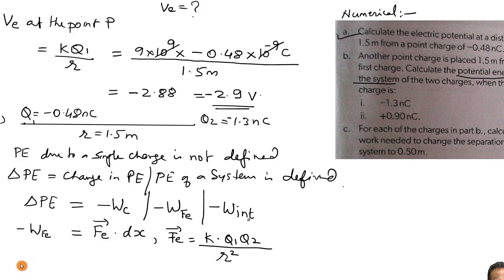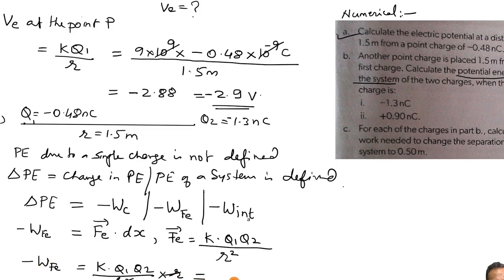So my negative work done due to Fe will be equal to Fe, and Fe is this, K times Q1 Q2 upon R square, multiplied by dx, which is the distance between the two, and that is also R. So take R. This R and R is going to cut, and you will be left with only R. So basically this is what you will get.